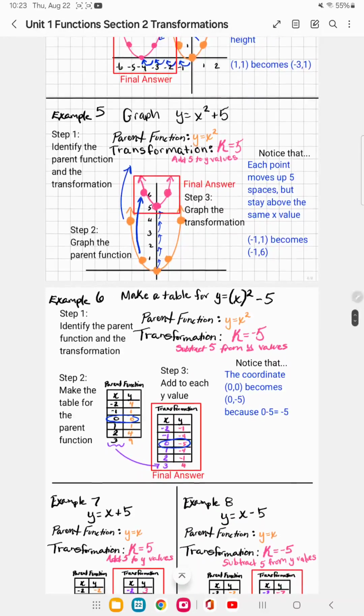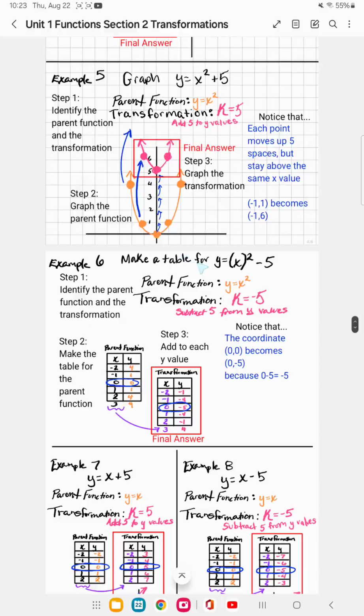Okay, example 6. Make a table for y equals x squared minus 5. So the k value has now changed to a minus, so we have same parent function and k equals -5. We're going to subtract 5 from the y values. Okay, so back to that same parent function table, because it's all still working with y equals x squared.